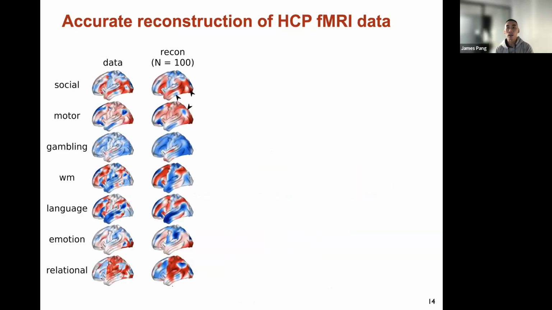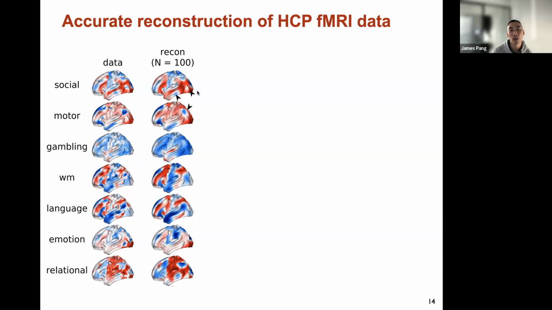And we did that mode decomposition and reconstruction using the Human Connectome Project fMRI data, both resting state and task-evoked. Here on the left, I'm showing sample task-evoked spatial maps for the different tasks in HCP.